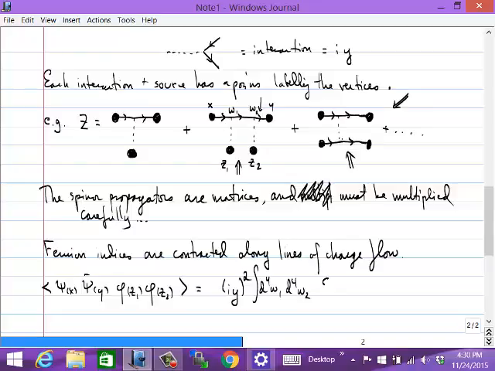So you get a fermion propagator between x and w1, coming from this line here. You get a fermion propagator from w1 to w2, coming from here. And you get a fermion propagator from w2 to y, coming from this final propagator. And you also get 2 scalar propagators. You get a delta from z1 to w1, along with a delta from z2 to w2.